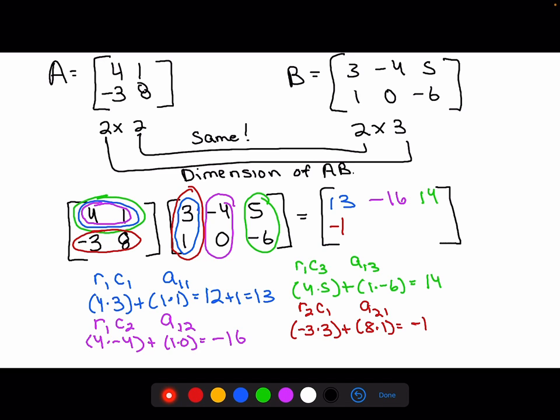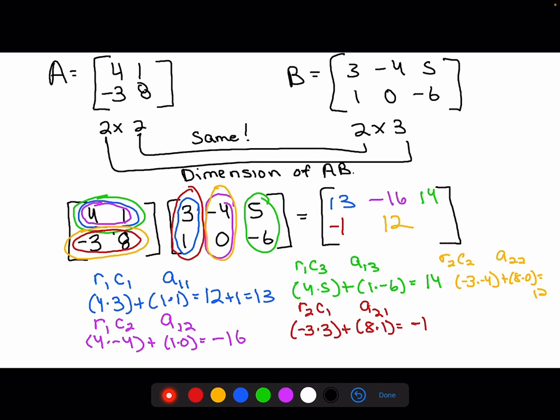Then row 2, column 2. So it's going to go in position (2,2). It's going to be -3 times -4 plus 8 times 0, which will be 12.